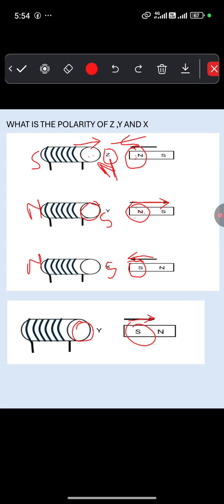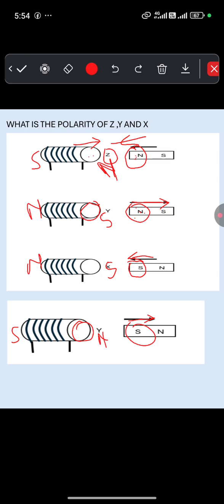So it creates a pole that will attract it back. So it creates a north pole, because a north pole will attract this south pole, so that the magnet comes back. And automatically at the back it becomes the what? The south pole, right?